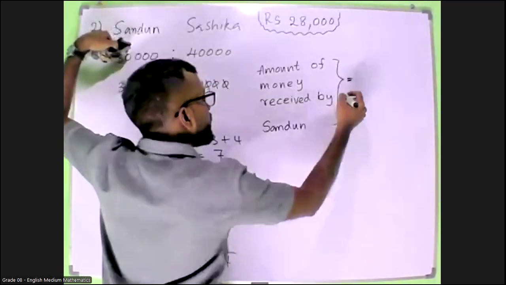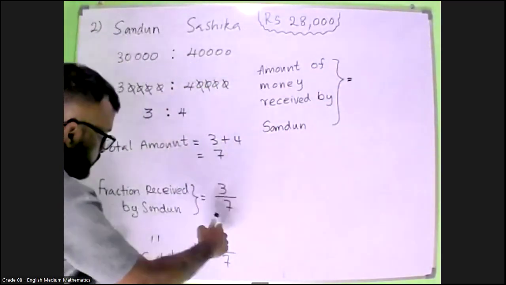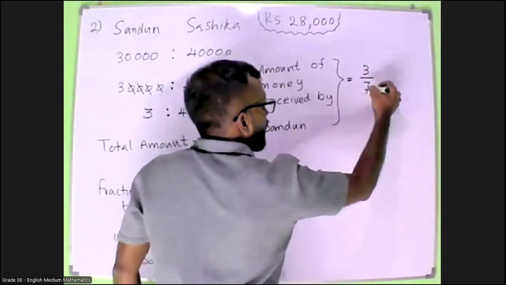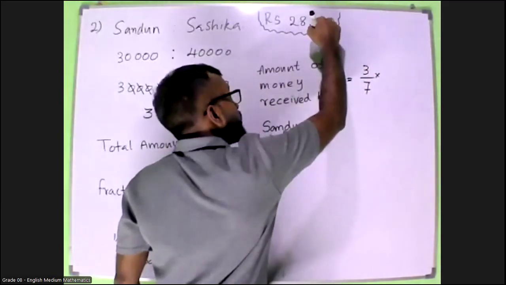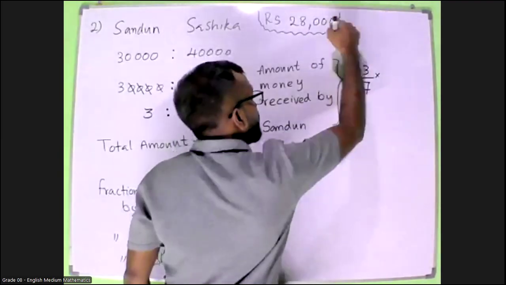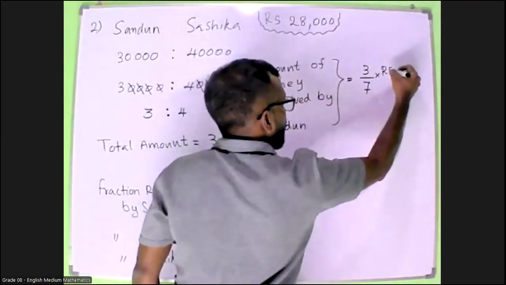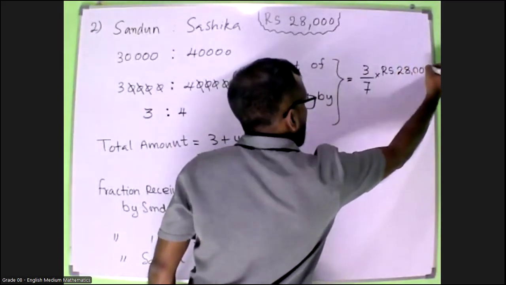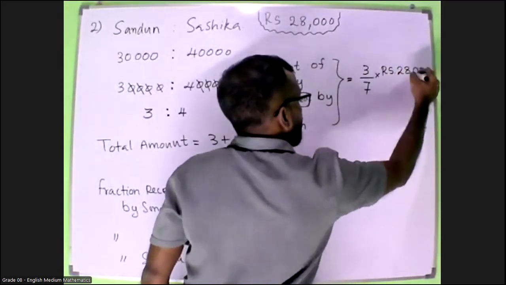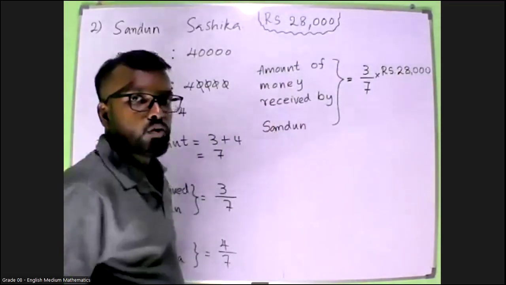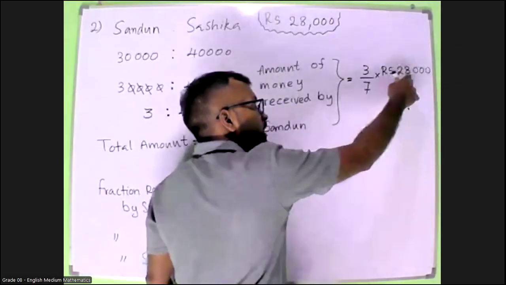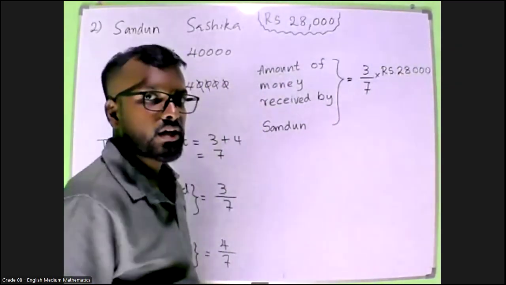How do you do this? What is the fraction for Sadun? 3 upon 7. And what is our total profit? Total money 28,000. How to simplify that? 28,000 divided by 7.